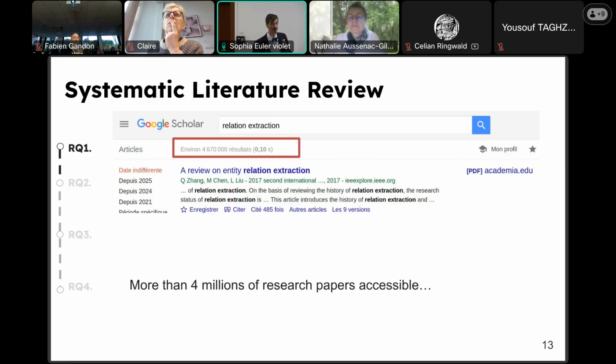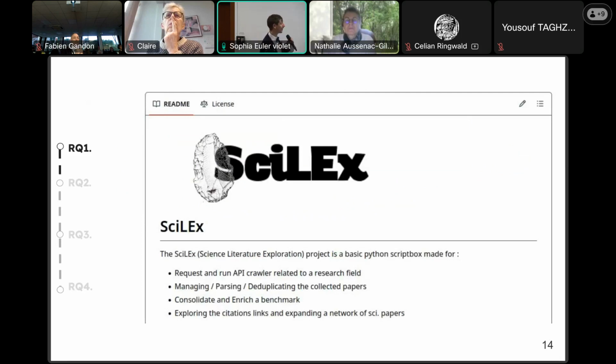A recent study estimates that the research volume grew by 47% between 2016 and 2022, motivating us to develop a software called Silex, which allows us to support each step of a systematic review.